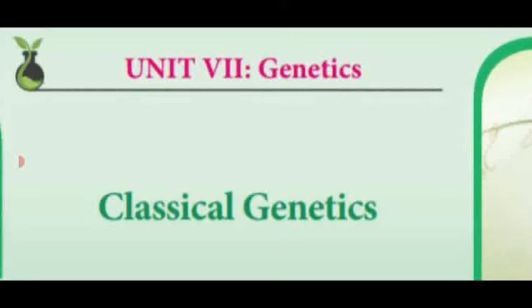The ratio is 1:2:1. Different examples we have also seen: Camellia flowers, ABO blood group, sickle cell hemoglobin in human beings, and the hybrid between Gossypium hirsutum and Gossypium sturtianum, which proves the codominance.